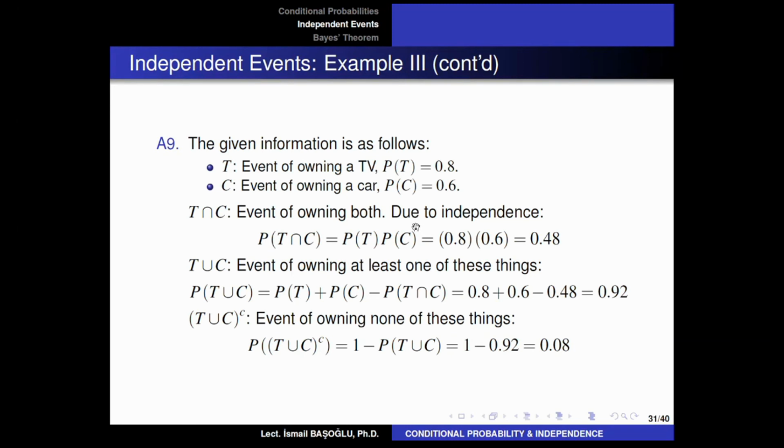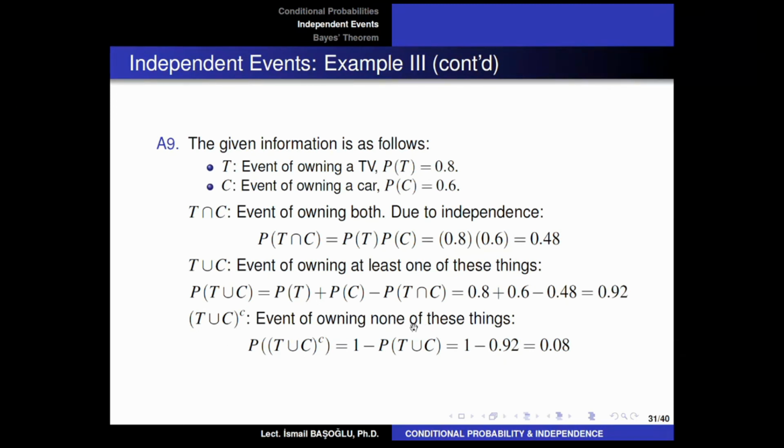And in that case, the intersection probability would be 0.8 times 0.6, which is 0.38. Now the question is asking us, what is the probability that a randomly selected family owns none of these things? Actually, the question is asking the probability of this event.